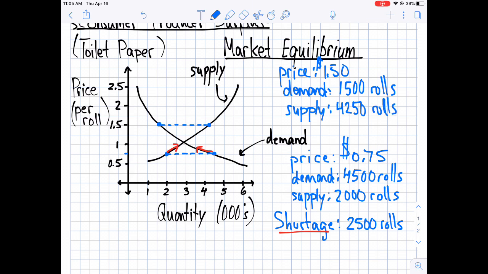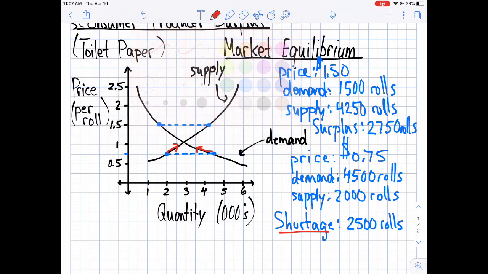And what does this mean? Well, it means that our supply is going to exceed the demand. There's going to be what's called a surplus. And in this case, there's going to be a surplus of 2,750 rolls.